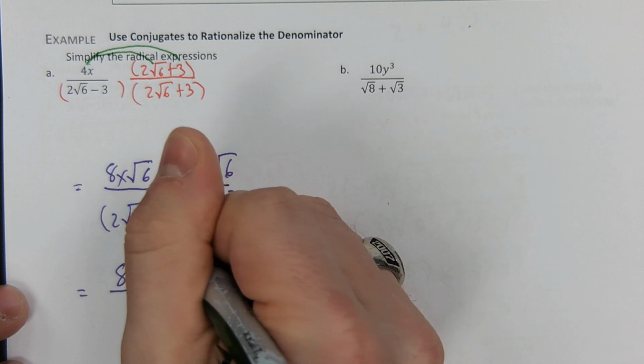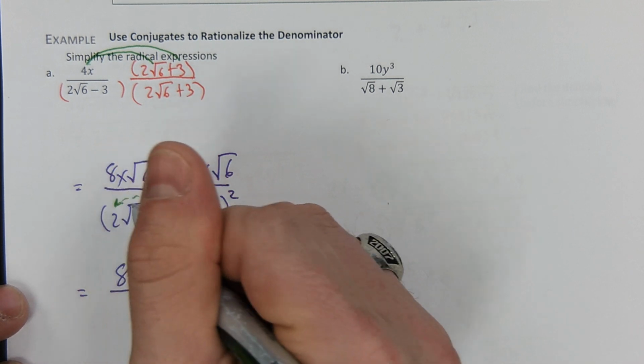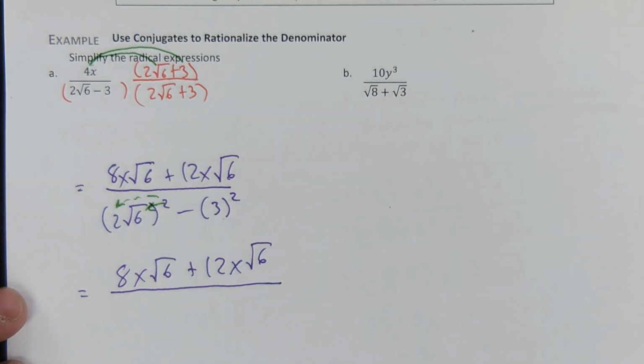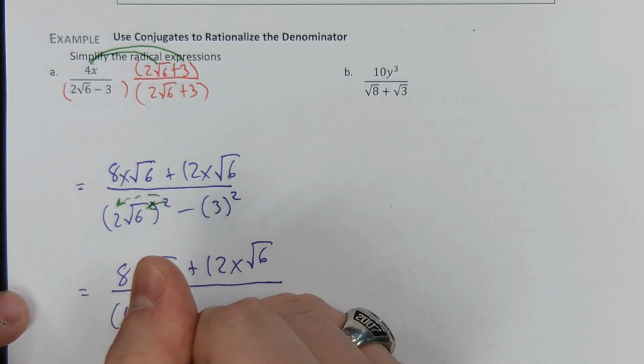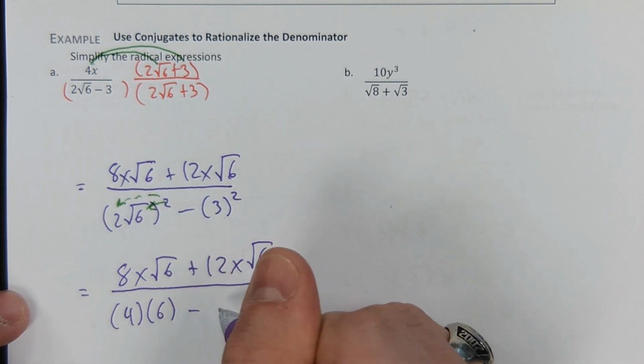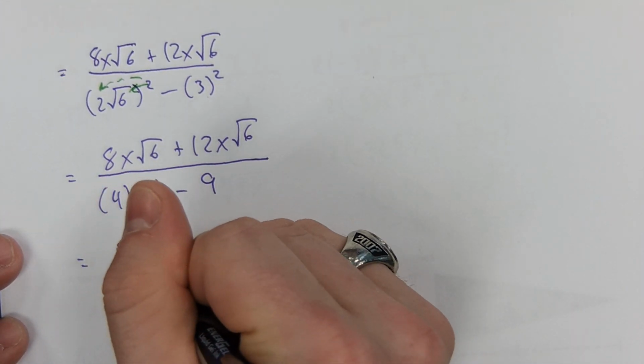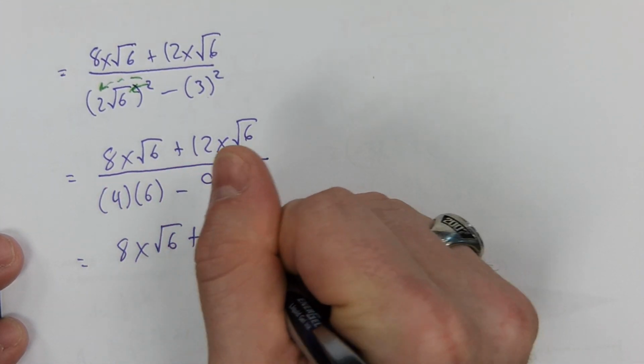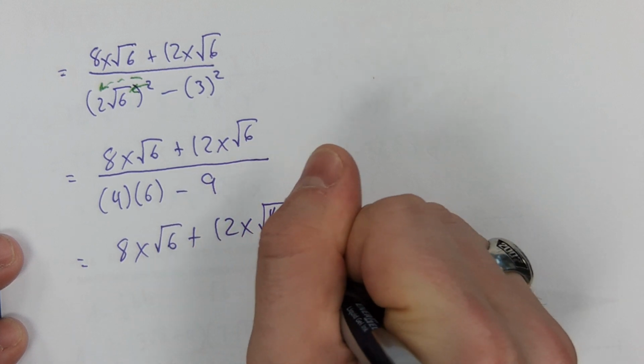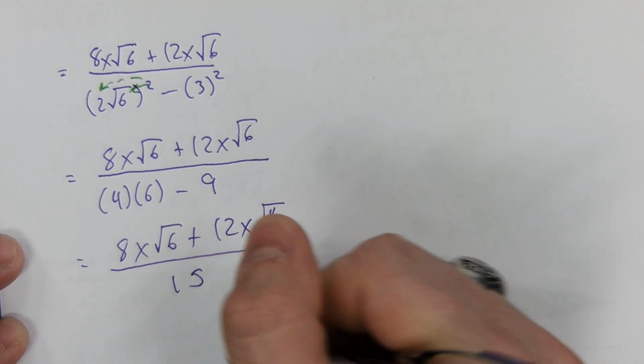You are squaring this 2 to get you 4, and you're squaring this root 6 to get you 6. That's 24 minus 6. It's 15. Woo. Isn't that fun?